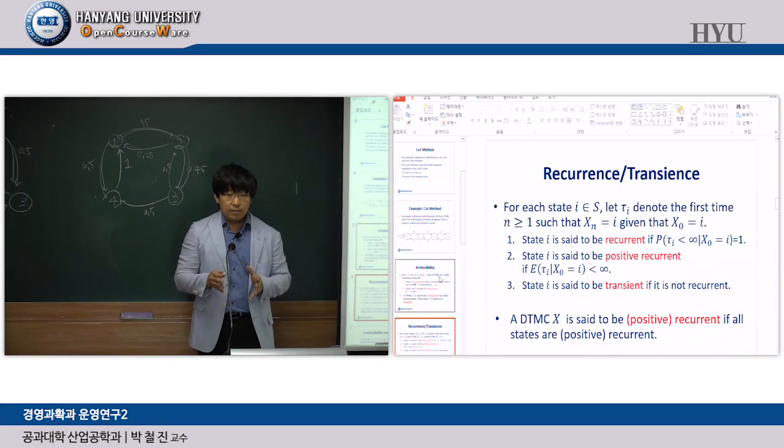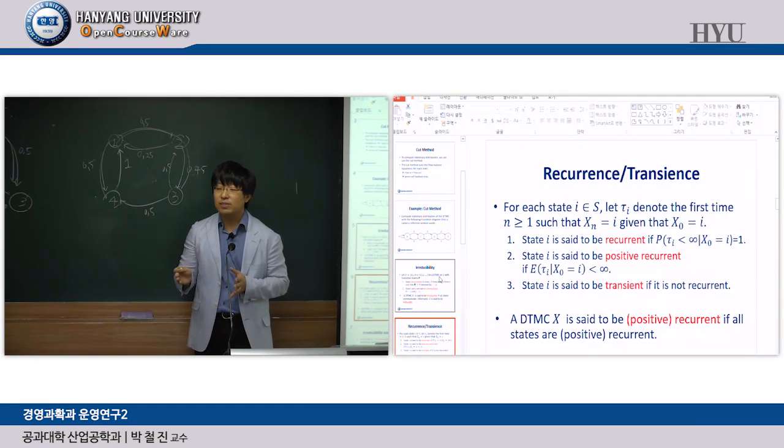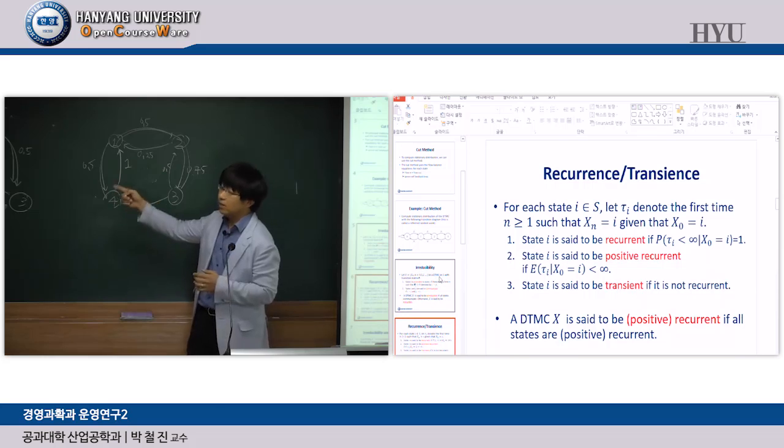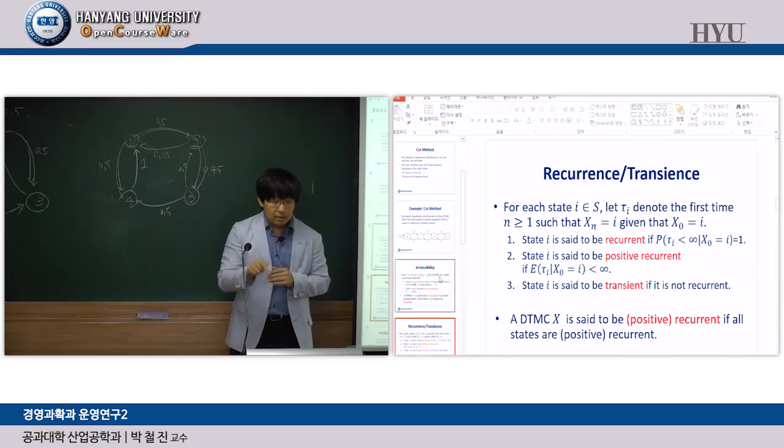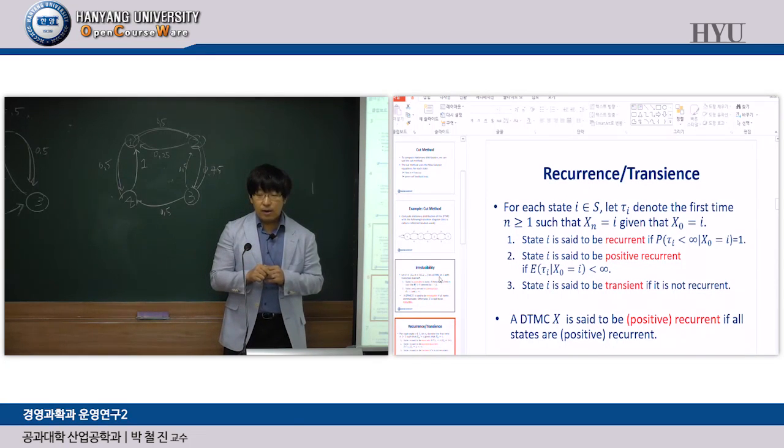Recurrence and transience are about the characteristic of each state, not a pair of states. Accessibility or communicating with each other are about pairs of states, right? But recurrence and transience are about the characteristic of each state. So technically, you can figure out this characteristic for each state of the chain.